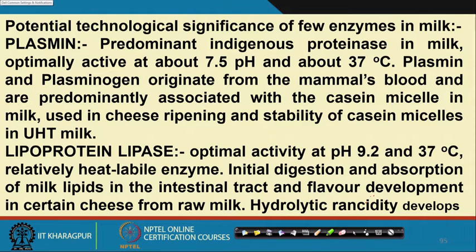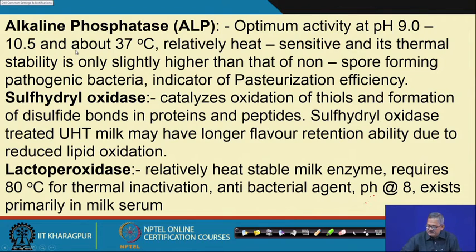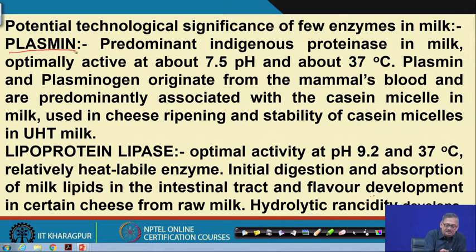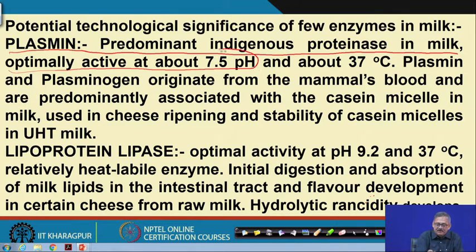There are a few technologically important enzymes, and plasmin is one such enzyme. Plasmin is predominant among the indigenous proteins in milk and is optimally active at about pH 7.5 and around 37 degrees centigrade.